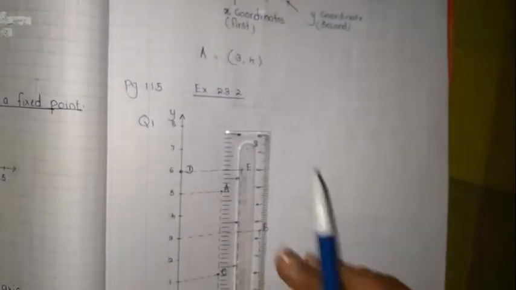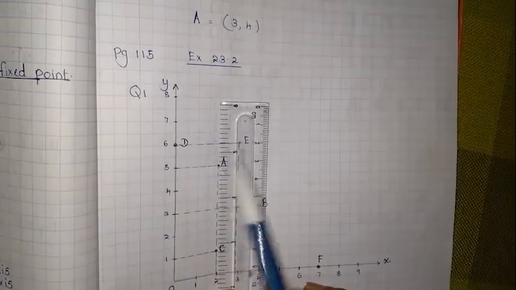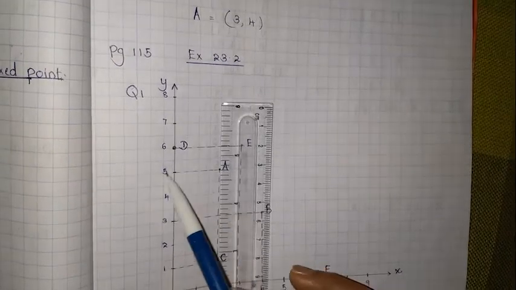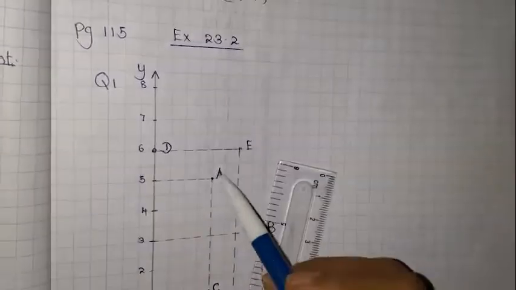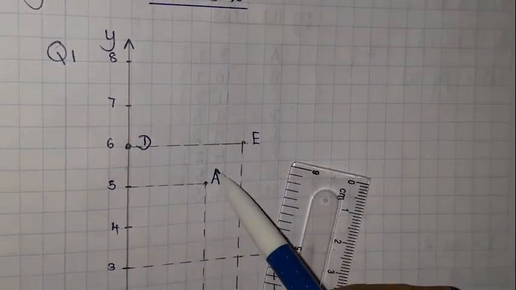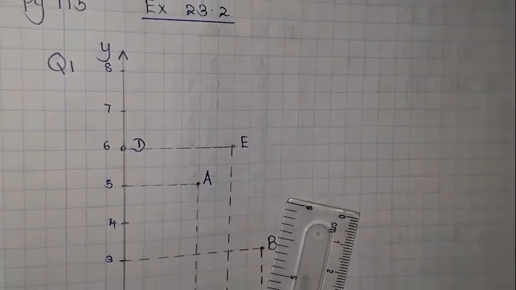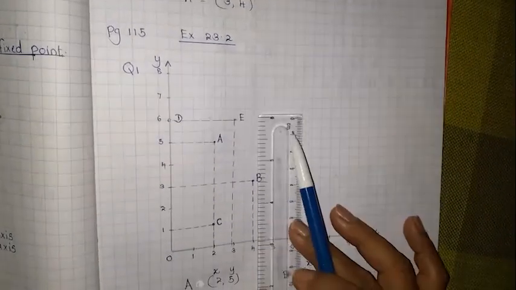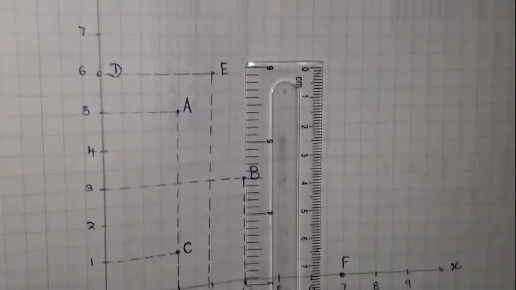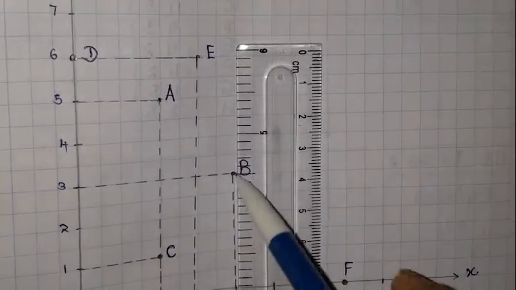Okay. Now what is the first coordinates they have given? A, 2, 5. 2 will be x-axis, 5 y-axis. I have drawn dotted lines to show that. Here A. Then I marked A. Then the B, 4, 3. 4 will be x-axis, 3 will be y-axis. 4, 3.